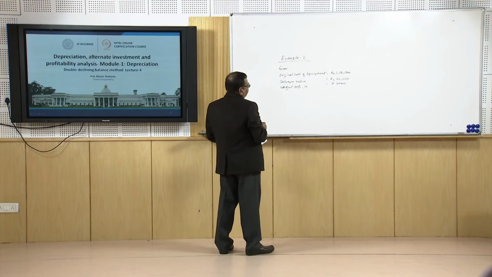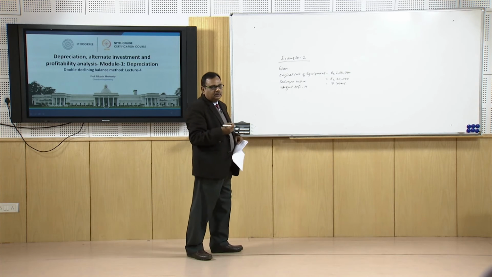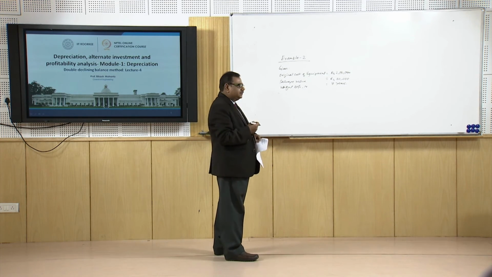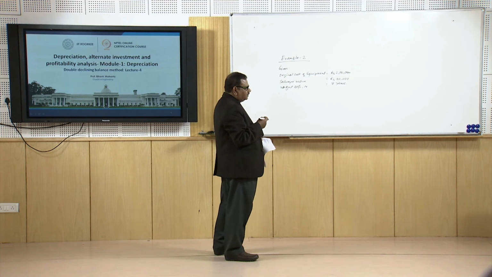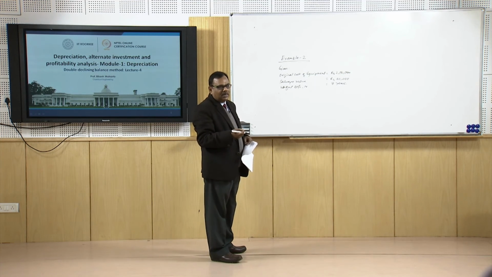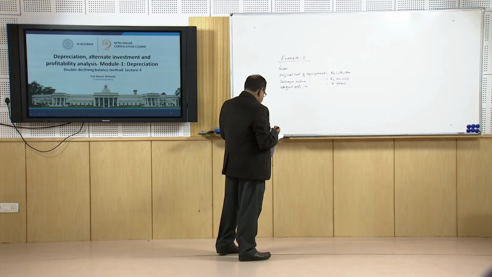Now, obviously, the first step for solving this will be to calculate the depreciation rate using the straight line method, and then we have to convert it into a fraction f, and then for the double declining balance method we will take 2 times this value and then start computing the depreciation charges.